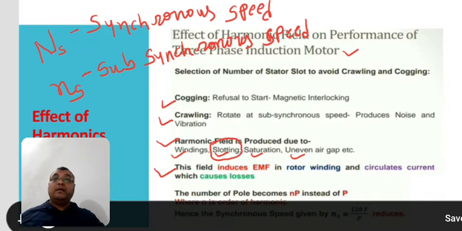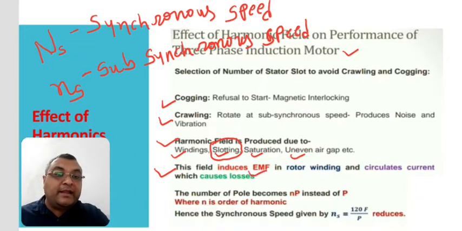It may not be a current carrying conductor, but a conductor placed in a magnetic field. If the magnetic field is alternating in nature, then flux is cut by the conductor and EMF gets induced.